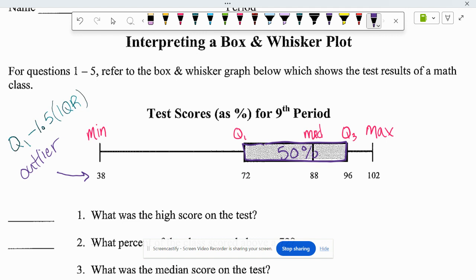Lorenzo, tell me one more thing. What could you say about this right here? How much data lives there? Percentage-wise. Help them out, Seamus. 25%. Good job, 25%. Caden, how much data lives here? If we're dividing the data into quartiles, and this is 25%, and the box is 50, how much do we have left?